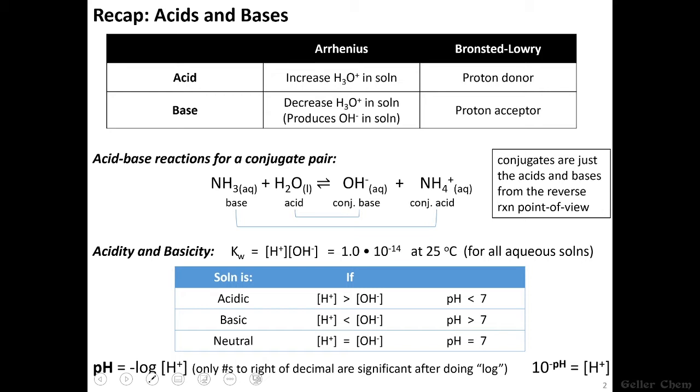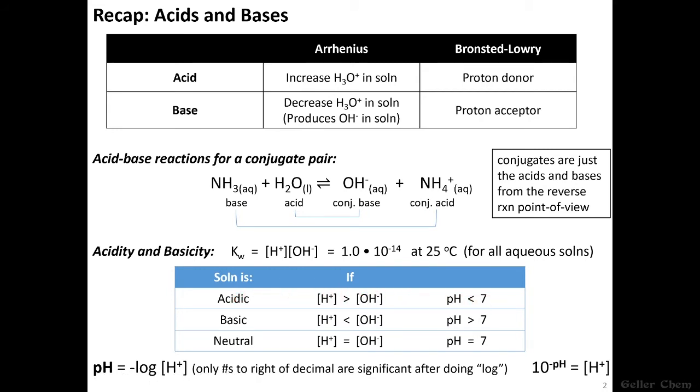And what's very important, as we'll see later today, is that this Kw always applies if the solution is aqueous. In other words, even if your aqueous solution has more protons than hydroxide ions, these two concentrations better still multiply out to 1.0 times 10 to the minus 14 if this is taking place in water. If we do have more protons than hydroxides, our solution is acidic and the pH will be less than 7.